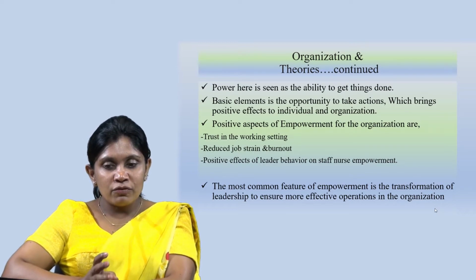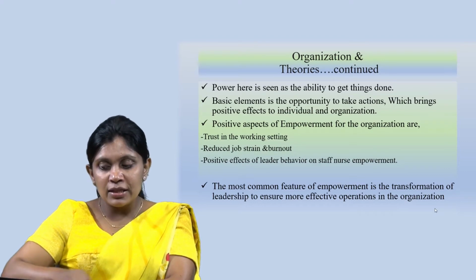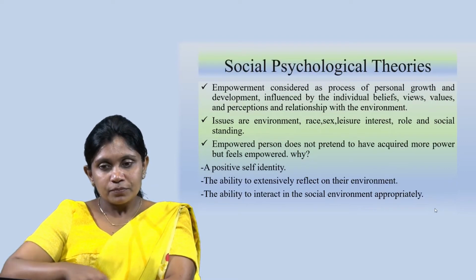Next, the positive effects of leader behavior on staff nurse empowerment. The most common feature of empowerment is the transformation of leadership to ensure more effective operations in the organization.